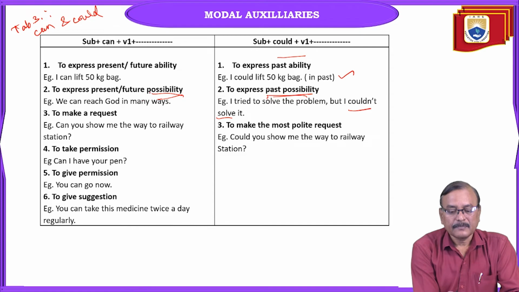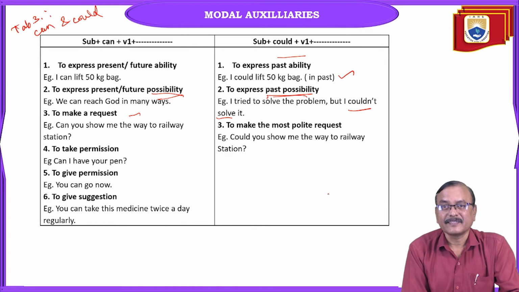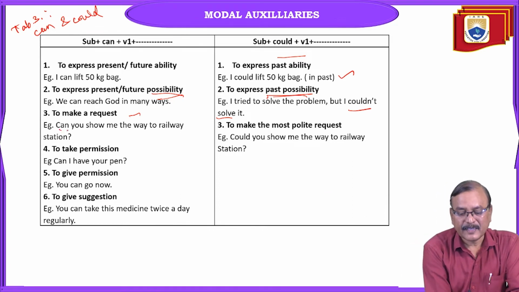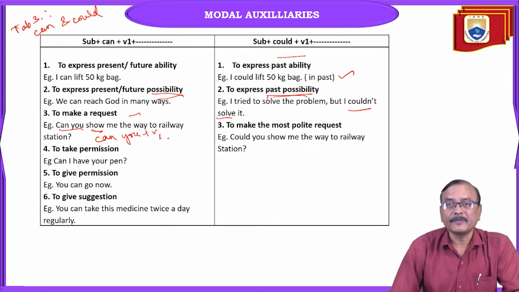Next, coming to this side, can plus V1, to make a request. What is the structure? Can you plus V1. Can you show me the way to the railway station? Can you show me the way to IARE?